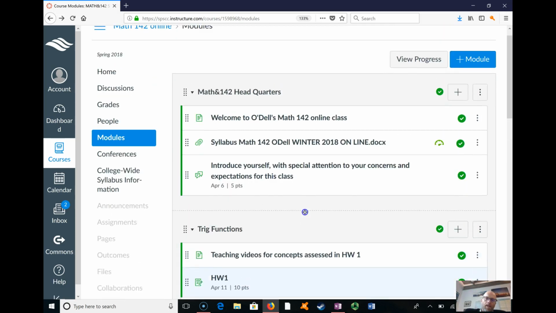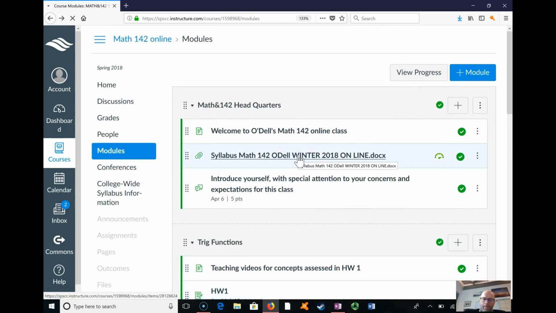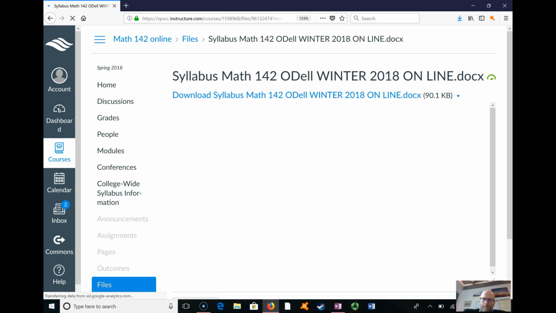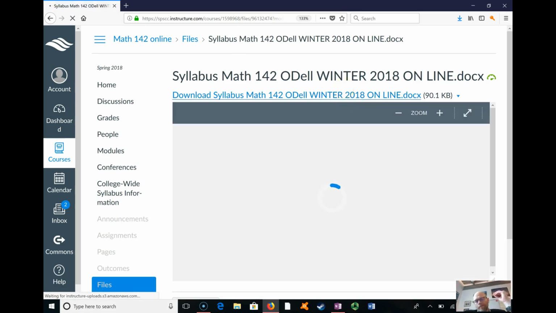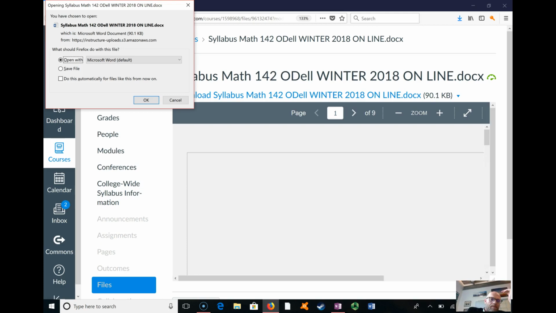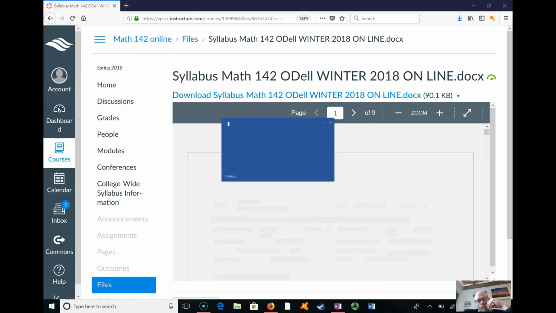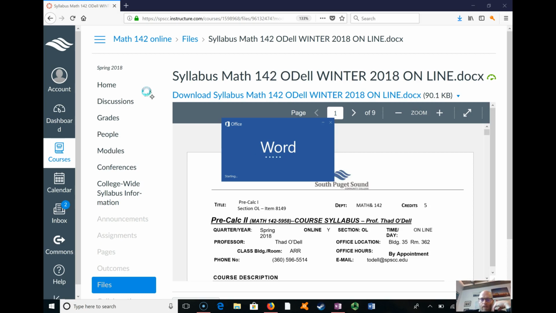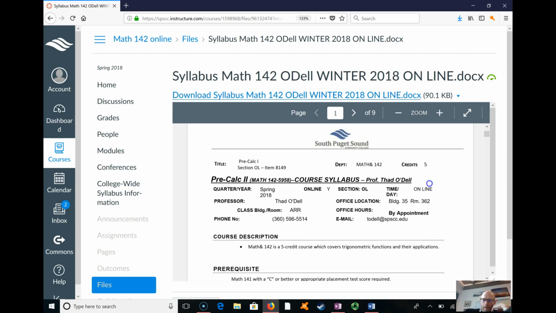The other thing I wanted to point out, if we go to the syllabus here. Sorry, this is taking a delay. Actually, you can see it right there, can't you? So if you look at the syllabus, it says that my office hours are by appointment. I don't do that to be formal, like you have to make an appointment to meet with me.